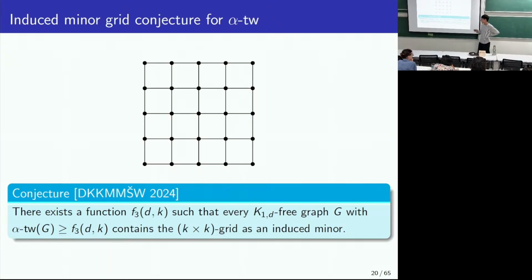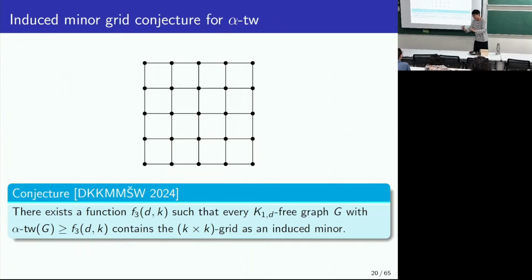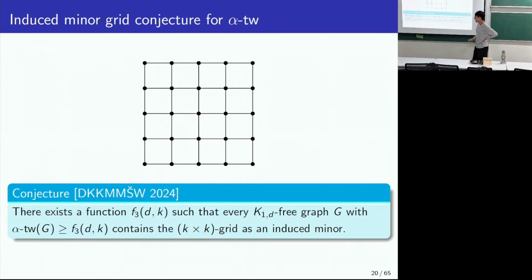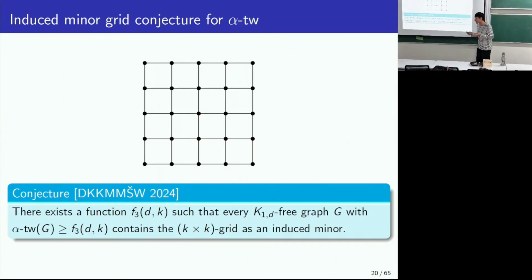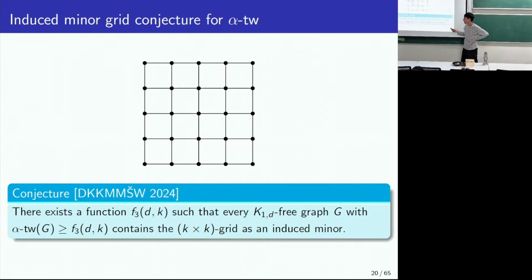Sorry for the bad pronunciation. I'm not sure whether I properly pronounced them. So if a K_{1,d}-free graph has large tree independence number, it will contain a k by k grid as an induced minor. When we say free, it means there's no induced subgraph, so K_{1,d}-free means no K_{1,d} as an induced subgraph.